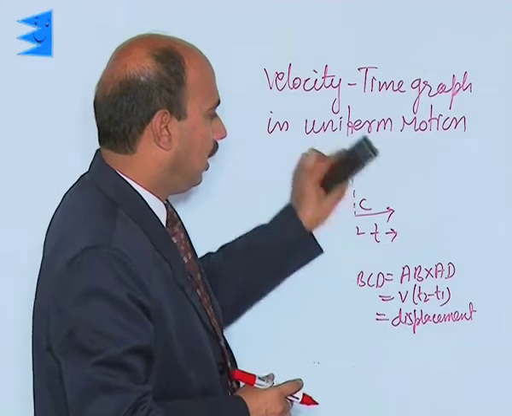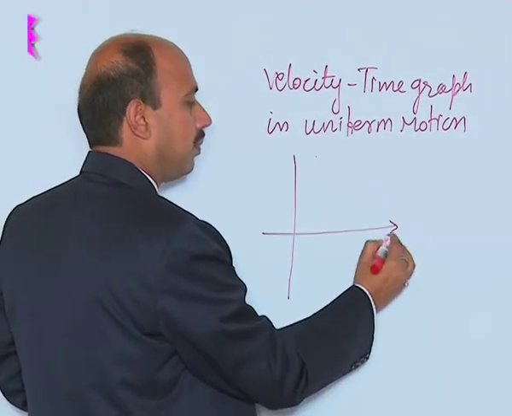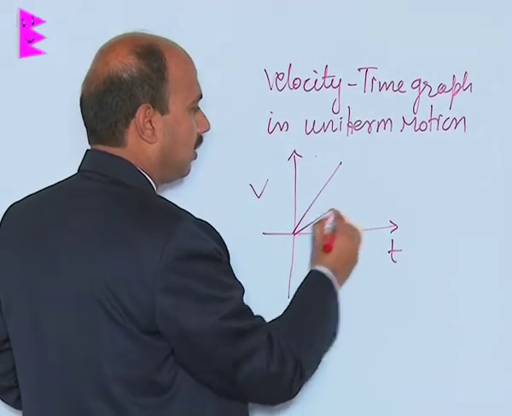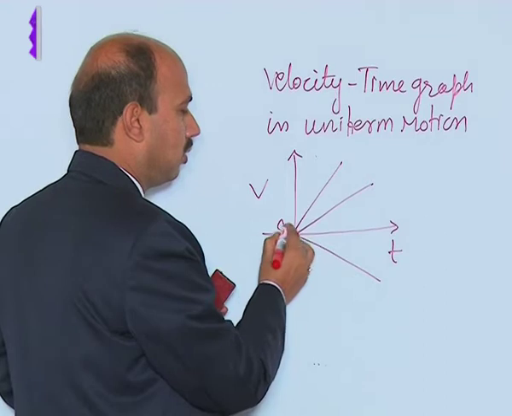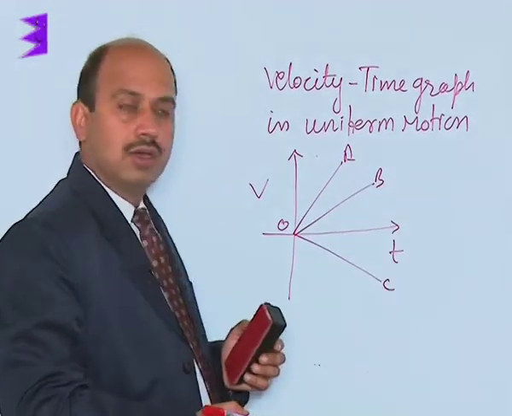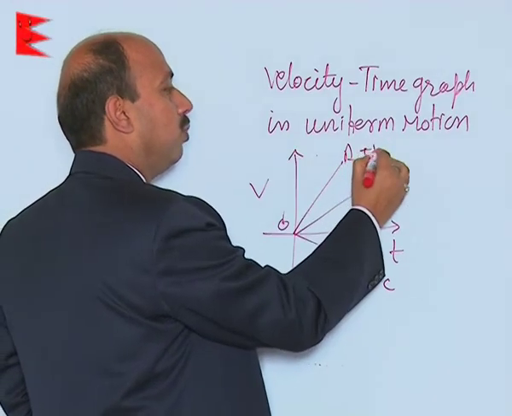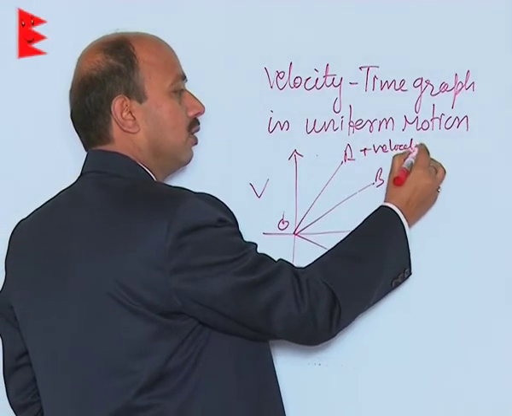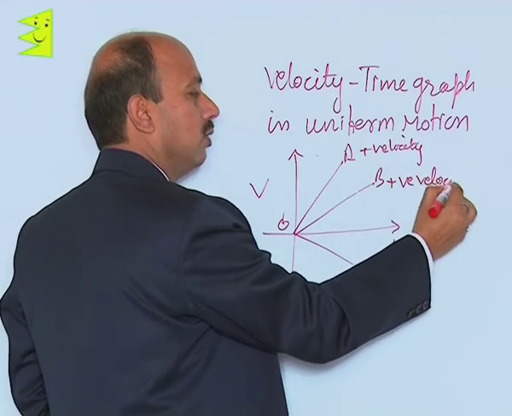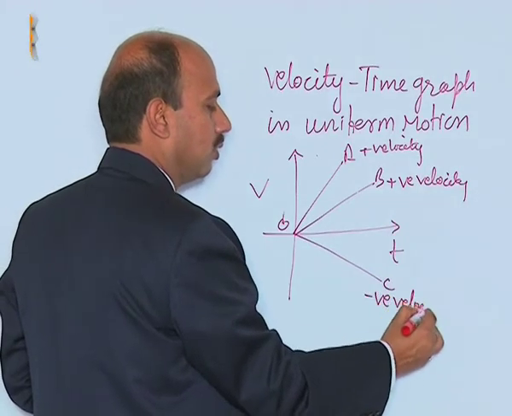Now, you see another example. Suppose you take it this way: this is t, this is velocity, and you take graphs like these. So, this is A, this is B, this is C. This is on the positive side, so obviously this is positive velocity, and this is also positive velocity, and this one is negative velocity.